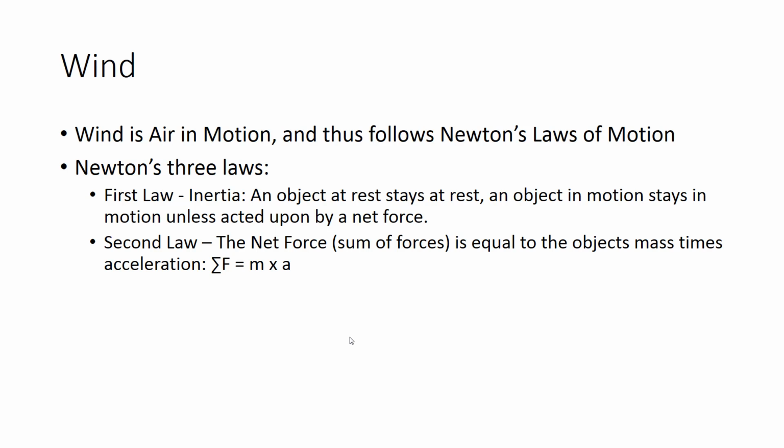You can have things like gravity pulling the ball down. If the ball is rolling, the friction from the ground is going to slow it down. And all of these individual things add up to a net force. That net force is this sigma F over here. Sigma just means sum, F means force.